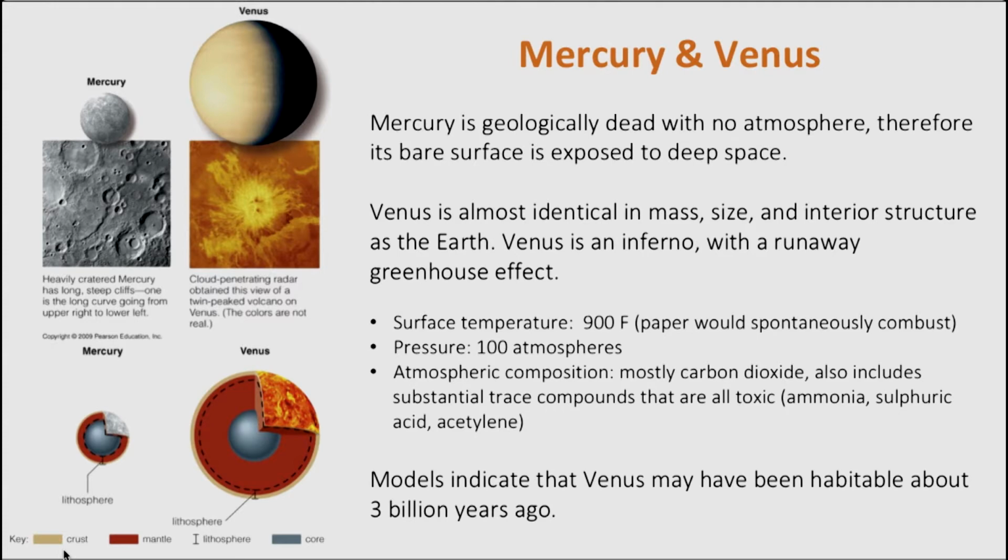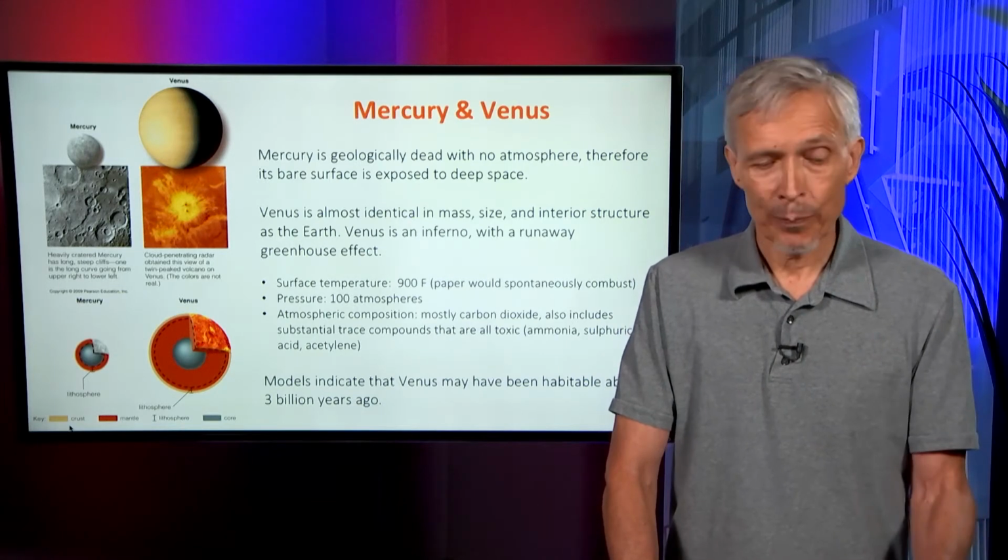And yet, models suggest that 3 billion years ago, before the runaway greenhouse effect, Venus potentially could have been habitable, could have possibly hosted liquid water, if not on the surface, then underground. A fascinating prospect that our twin could have been habitable that long ago, because we know the same thing about Mars.